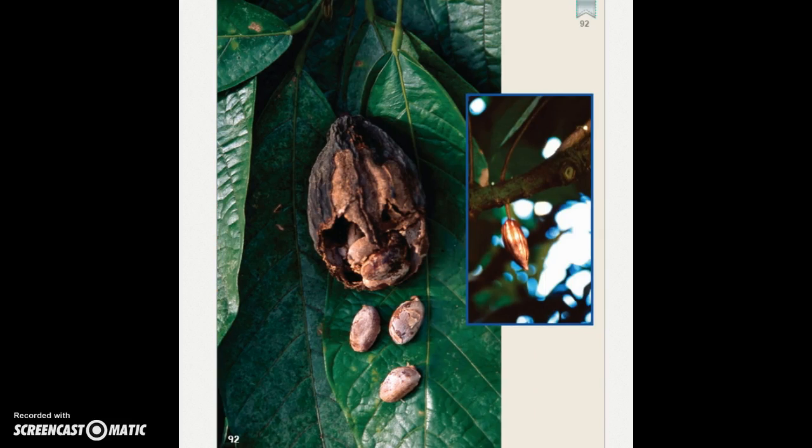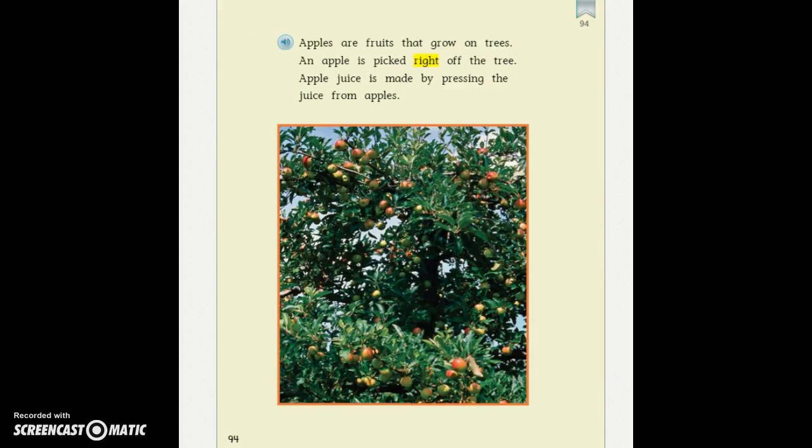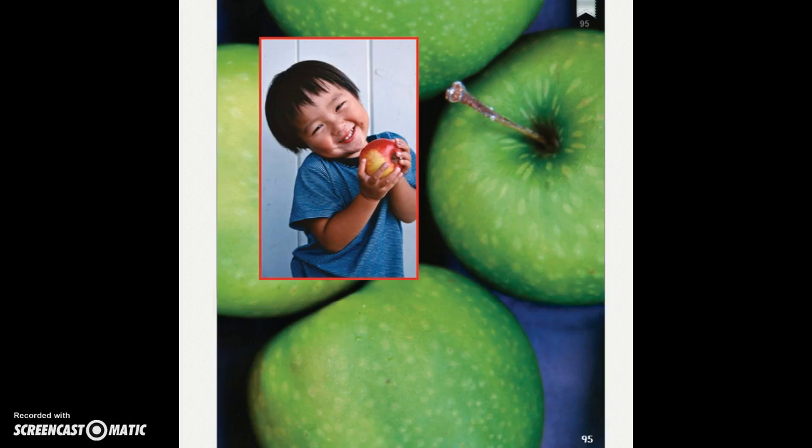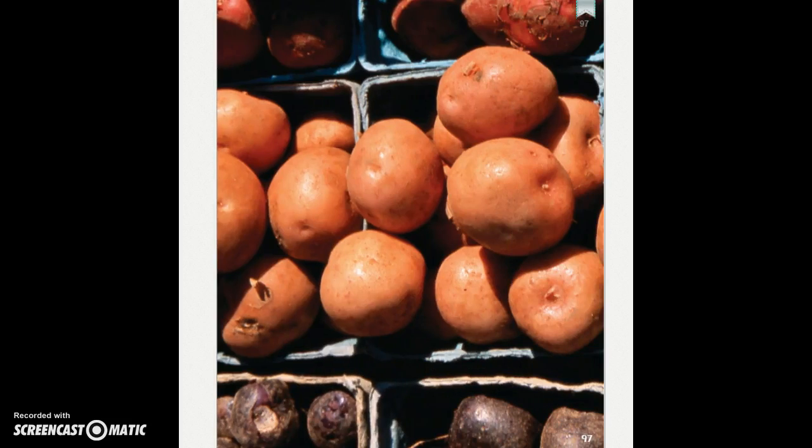Think about the information that they show. That looks yummy. We have apples. French fries. Potatoes.